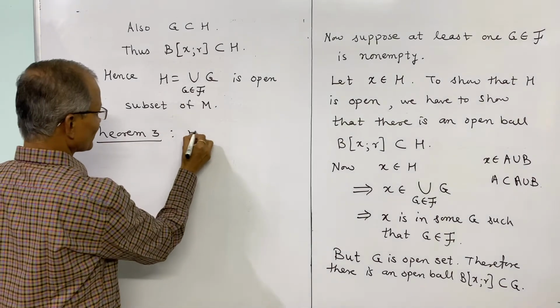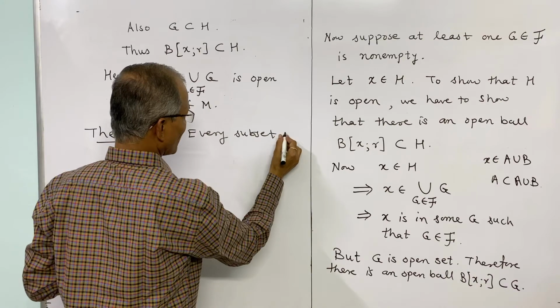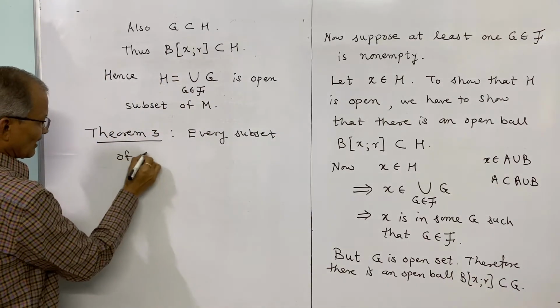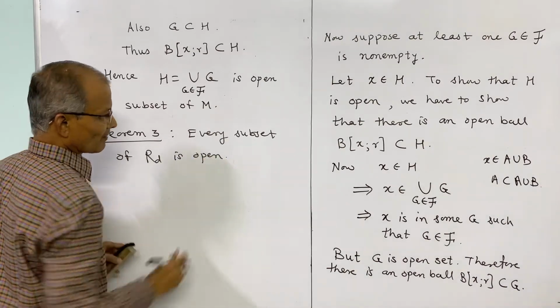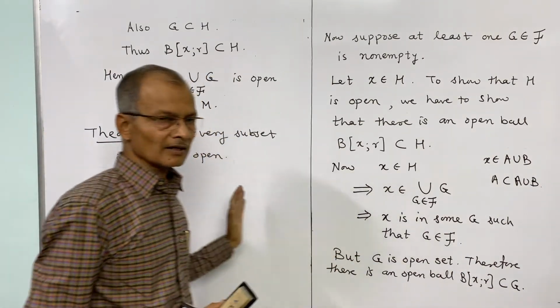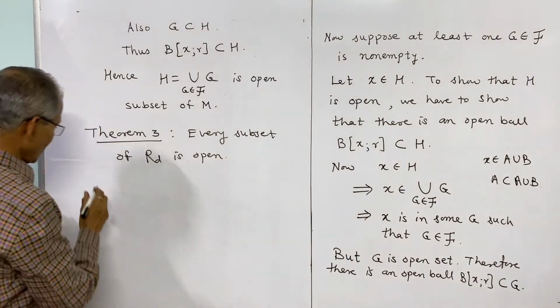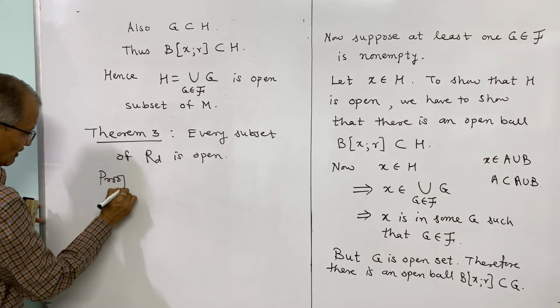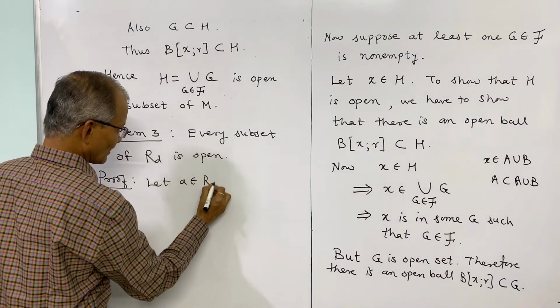Every subset of R^d is open. Now this is simple, because we have seen a singleton subset of R^d is always open. Let a belong to R^d.